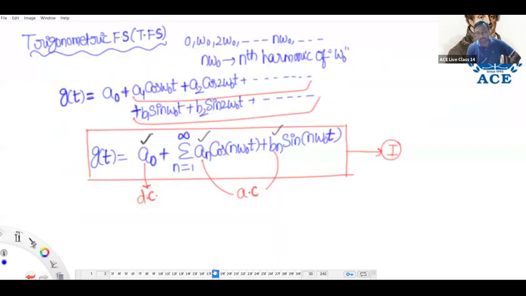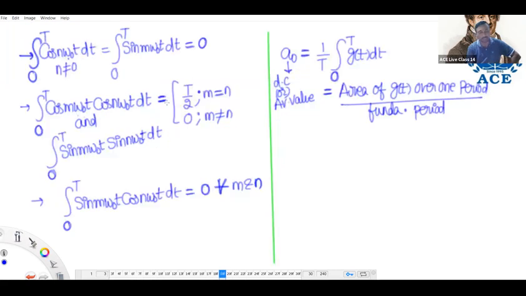How to get an? Multiply both sides by cos and integrate for one period, sir. Multiply equation 1 both sides by cos and integrate for one period. g of t cos n omega naught t integration as it is. A naught into cos is not needed; we are solving an and bn from the first harmonic onwards. A naught story is over. Cos into cos becomes cos square. What is that integral's answer?